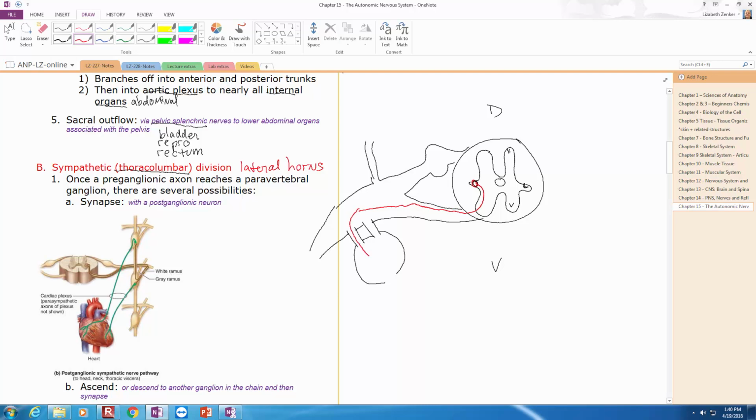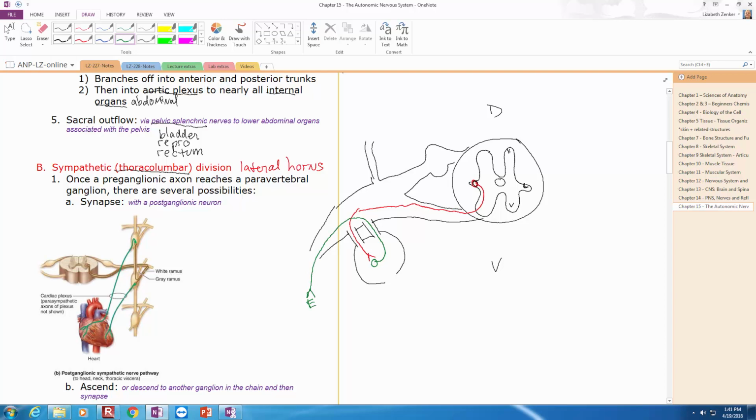If you were going to synapse in this first ganglion, I'll draw the synapse this time first. And let's say now we are the second, or the postganglionic neuron. His cell body would reside in this ganglion, and then he would go out that second pathway and travel down to the effector.